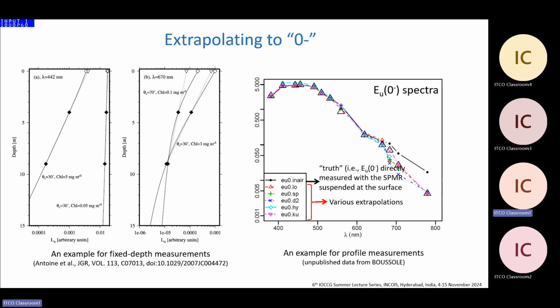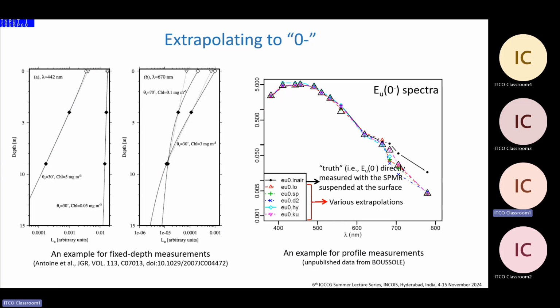So what we did, actually, we went to radiative transfer and we ran a number of simulations of this kind of wavelengths. And that was giving us the shape that the upwelling radiance profile would have normally in such waters.